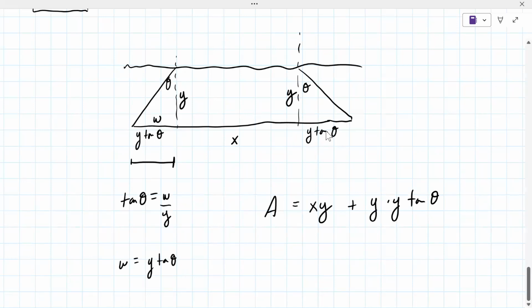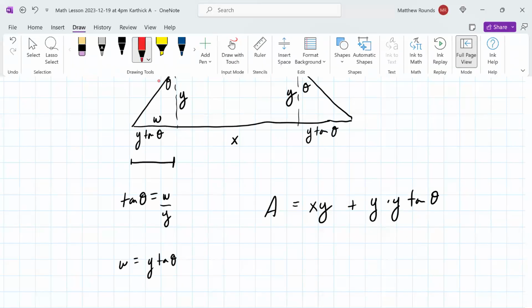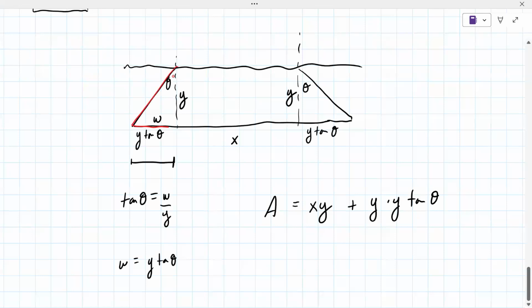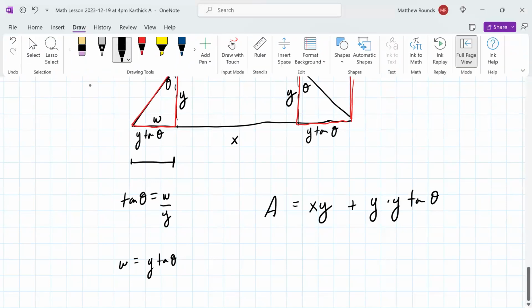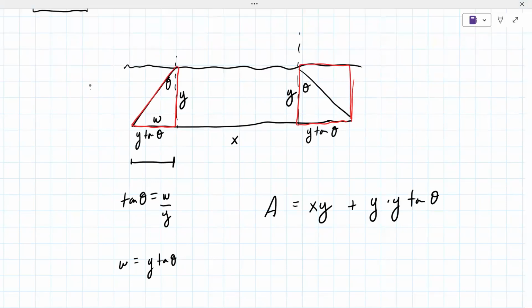Imagine this triangle was inverted and put over here. It's now a rectangle. Base times height, got it.